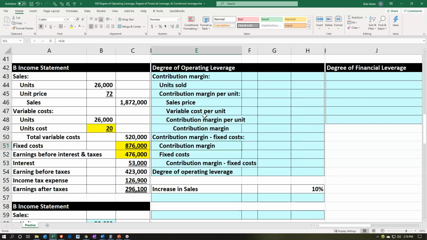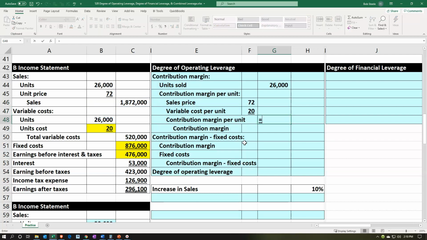So let's go through this calculation again. Once again, we want the contribution margin over the contribution margin minus the fixed costs. So let's pick up the units sold. I'm going to put this in the middle column. The unit sales are going to be the 26. Then we're going to look at the contribution margin per unit, which is the sales price at the 72, which is the same, but now the variable cost is less at the 20.